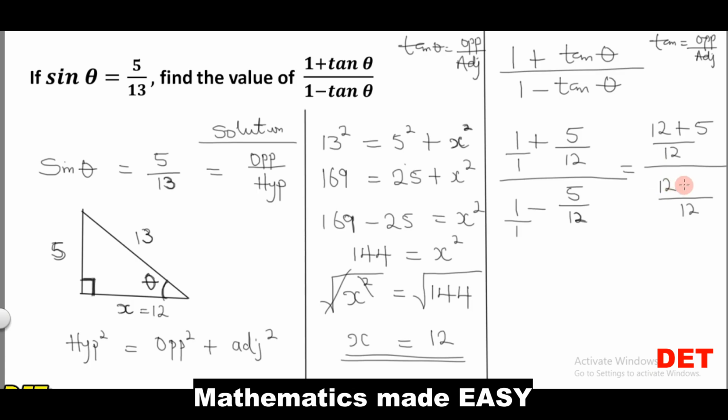So that will be 12 minus 12 divided by 12 is 1, times 5 is 5.